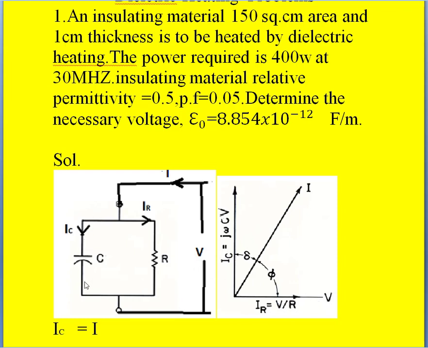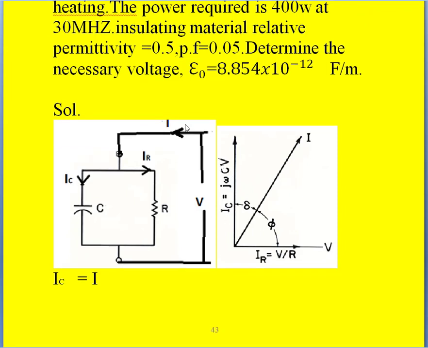The current flowing in a capacitor always leads the applied voltage, so this is at 90 degrees to the applied voltage. The current that flows through the capacitor is given by V by XC, where XC is nothing but 1 by omega C. So ultimately the capacitor current IC becomes j omega CV.